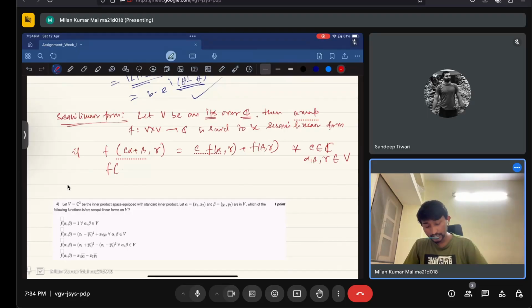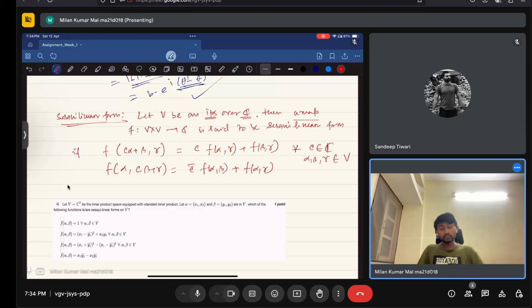And second, f(alpha, c beta plus gamma) equals c bar f(alpha, beta) plus f(alpha, gamma), for all c. So that means linear in the first variable, antilinear or conjugate linear in the second variable.